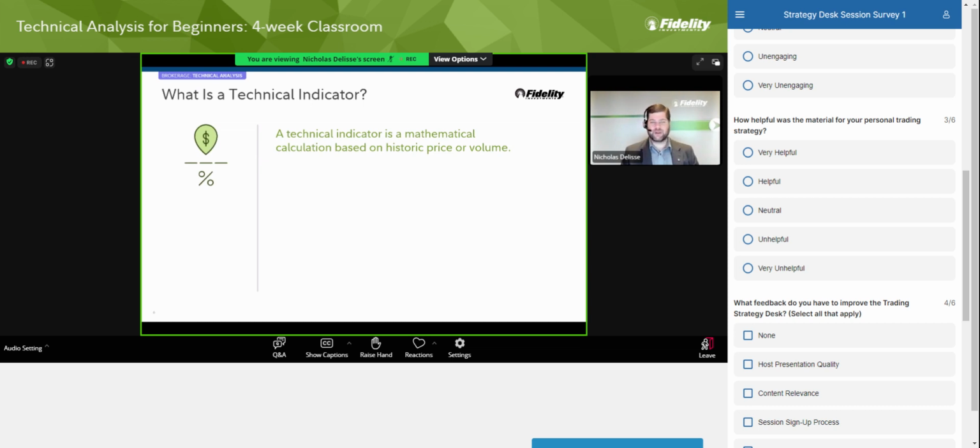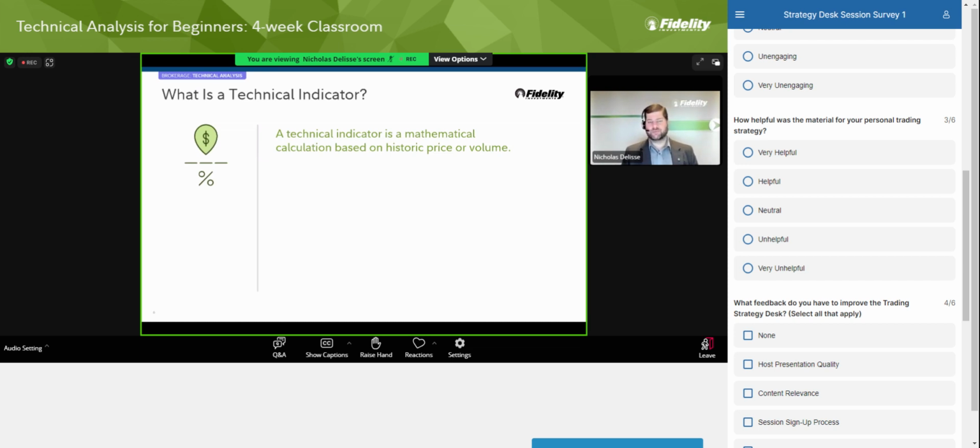So that said, I want to ask the question, what is a technical indicator? The big thing is it's a mathematical calculation based on price and or volume. It goes back to what we've been talking about the last 2 weeks. Indicators are tools. It's a calculator. Something like a simple moving average is simply averaging up the last so many trading periods.